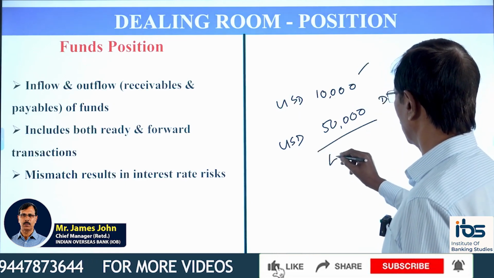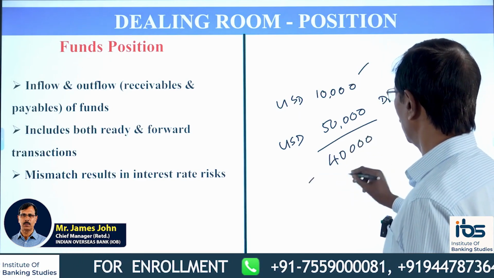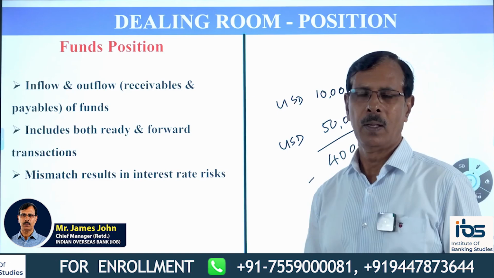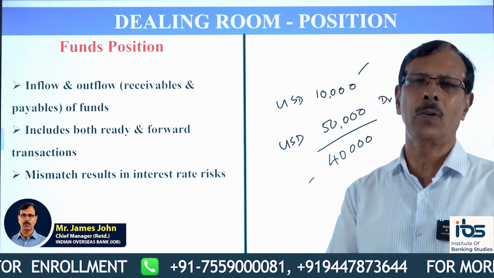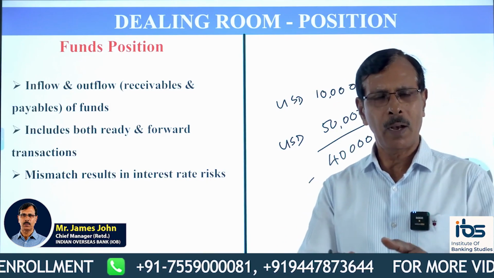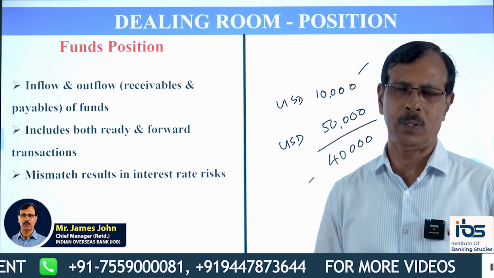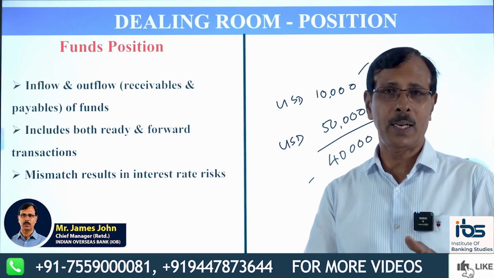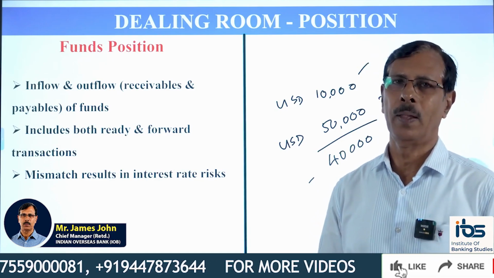So when they make the debit, there will be a debit balance of USD 40,000. So what the correspondent bank will do, or the bank where this nostro account is maintained, they will honor the payment and create an overdraft in the account. Isn't it? So when they create an overdraft in the account, they charge interest for that. So that is number one.